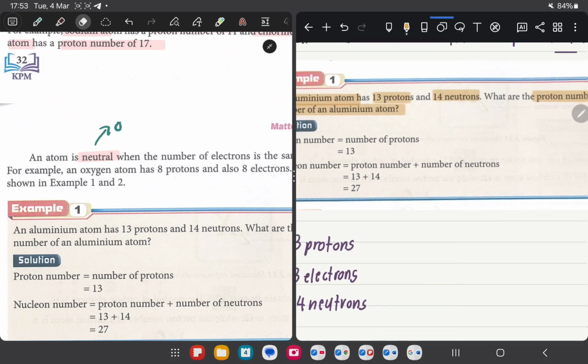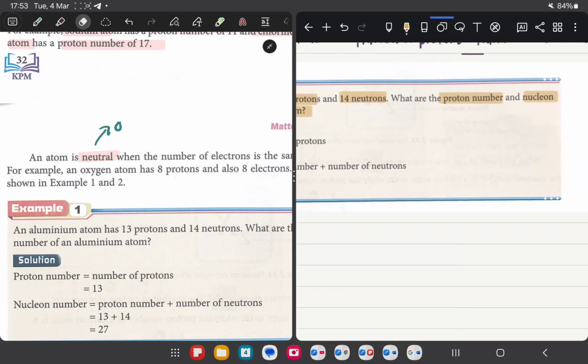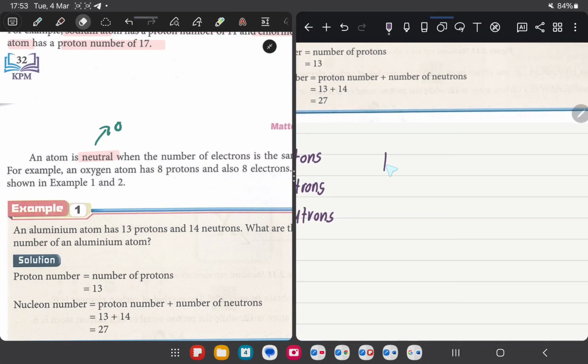They ask for the proton number and nucleon number of an aluminium atom. Atom means just refer to the above. So your proton number is 13 also. Proton number is equal to number of protons, so equal to 13. Done.